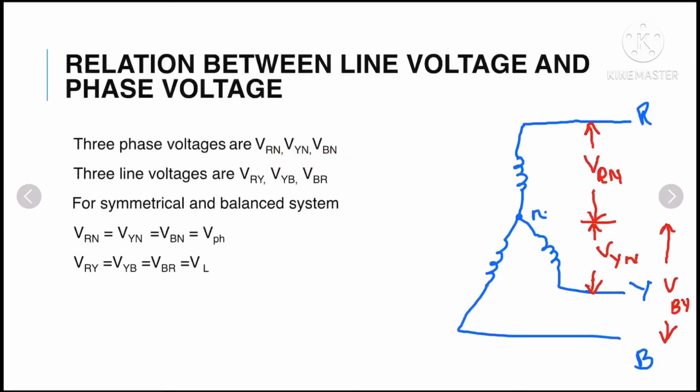Now we will go for line voltages. Line voltages are the voltages between two lines. Let's take another color so that you can easily identify. Consider this one, this is your VYB.